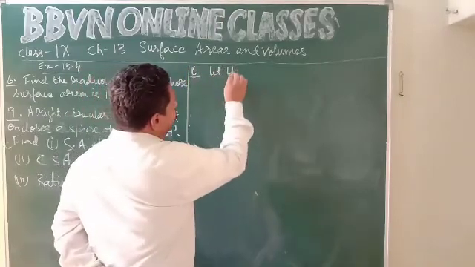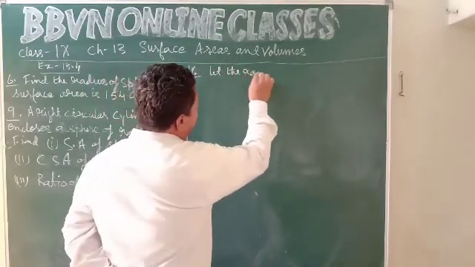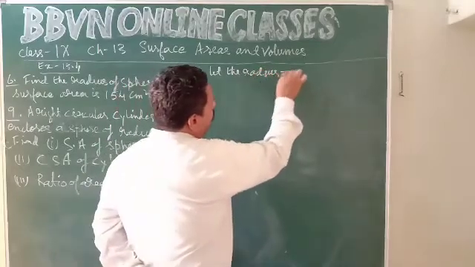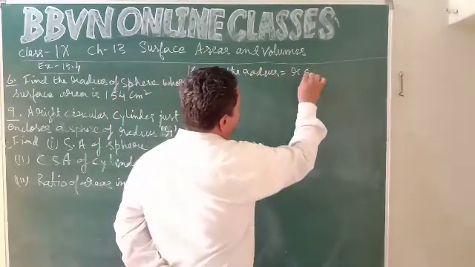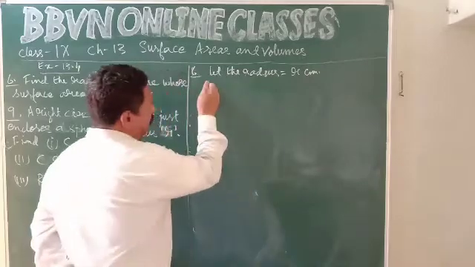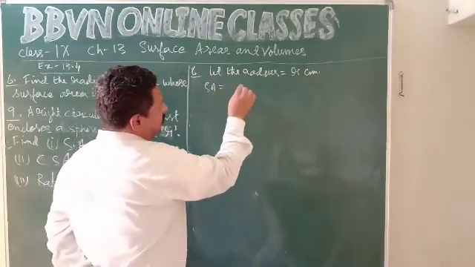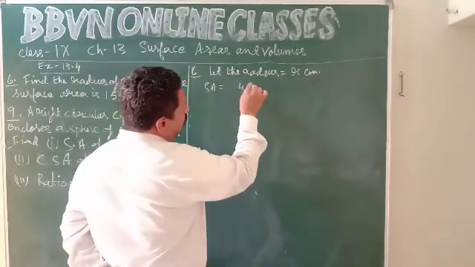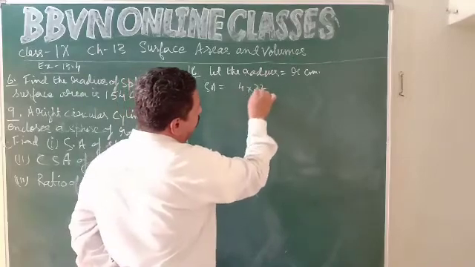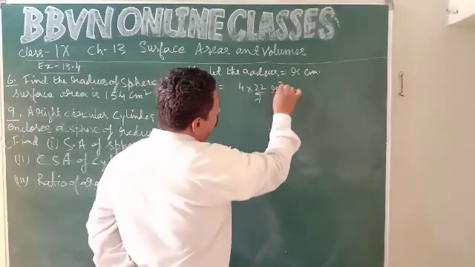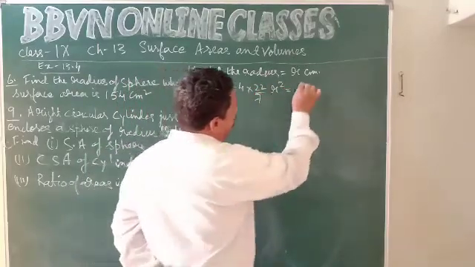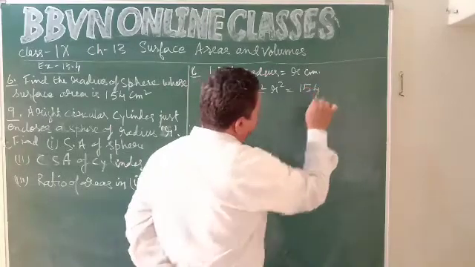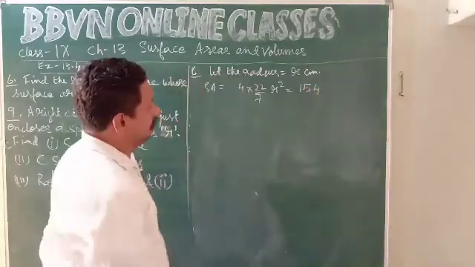Let the radius equal to r centimeters. So surface area is 4 into pi r square, given as 154 centimeter square.